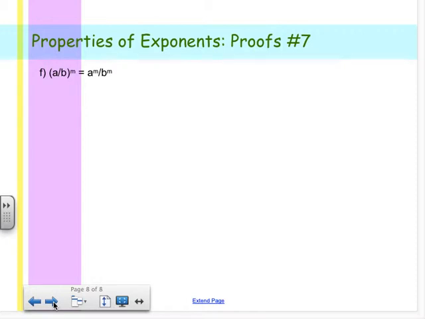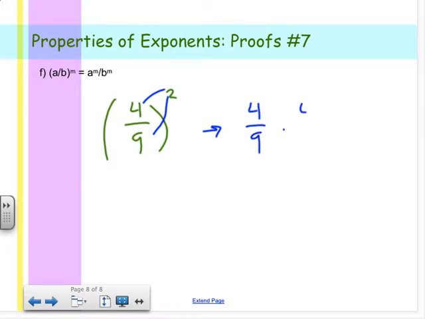Last but not least, if I have some fraction, say 4 over 9 squared, again it's going to be like distributing here. I'm going to distribute that 2 to the 4 and to the 9. Same idea, 4 over 9 squared is the same exact thing as 4 over 9 times 4 over 9.